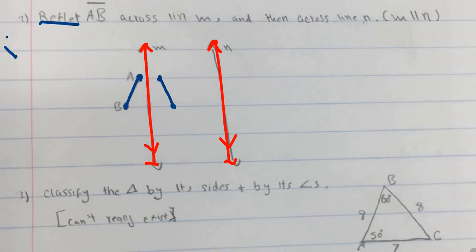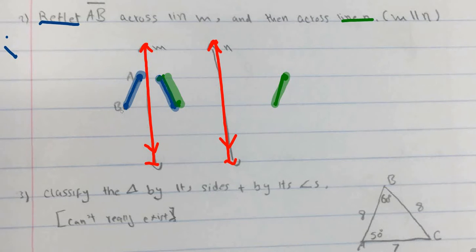And then it wants you to reflect again across N, so I imagine I take this and I flip it over N and I try to make it the exact same distance but just flipping over like a mirror. So I reflect here from there to there, and then I reflect again, this image going this way.